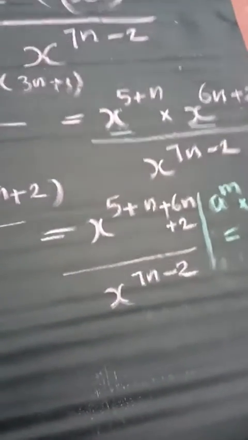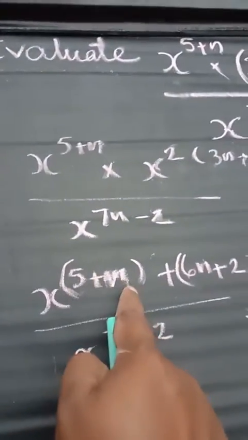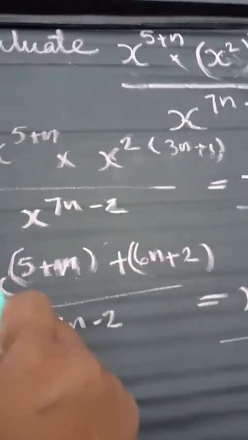Okay, x raised to 5 plus n plus 6n plus 2. Clear?